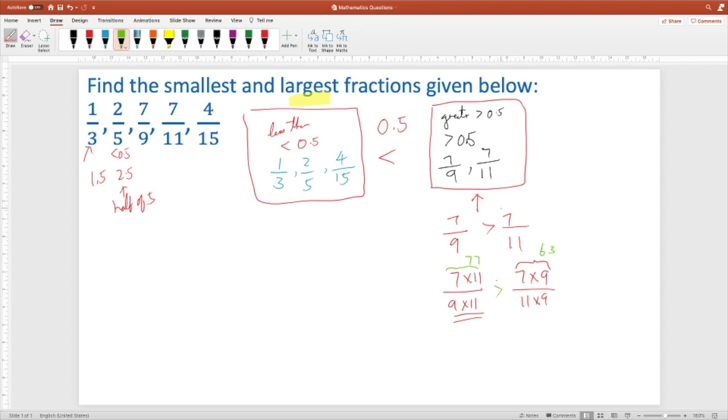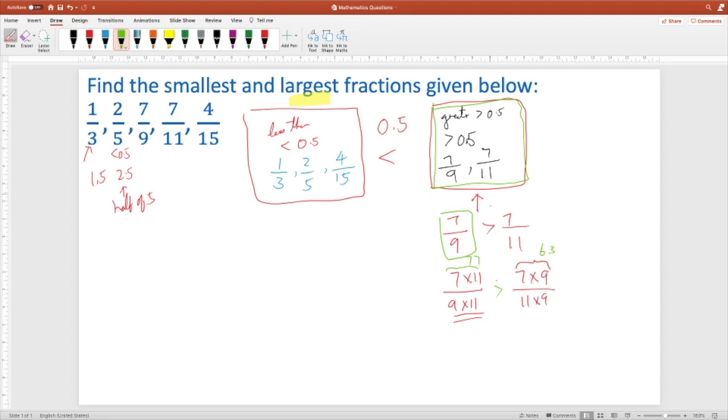With this comparison, which one is the largest fraction in this group? In which group? I mean, in this group. Oh, okay, that one. 7 over 9. Okay, 7 over 9 is the largest fraction in this group.